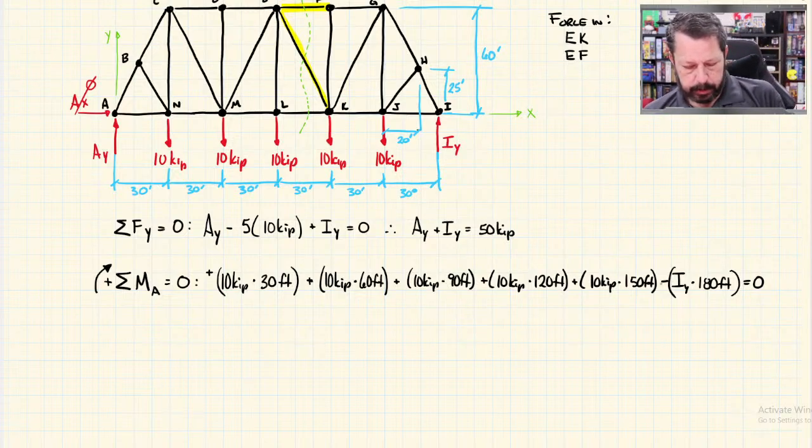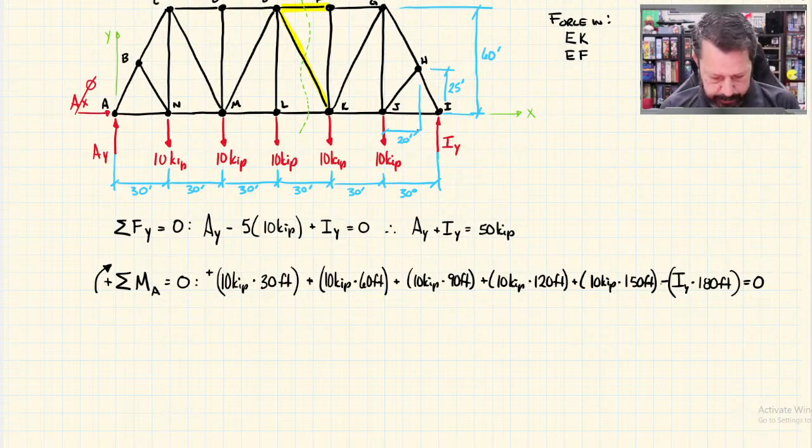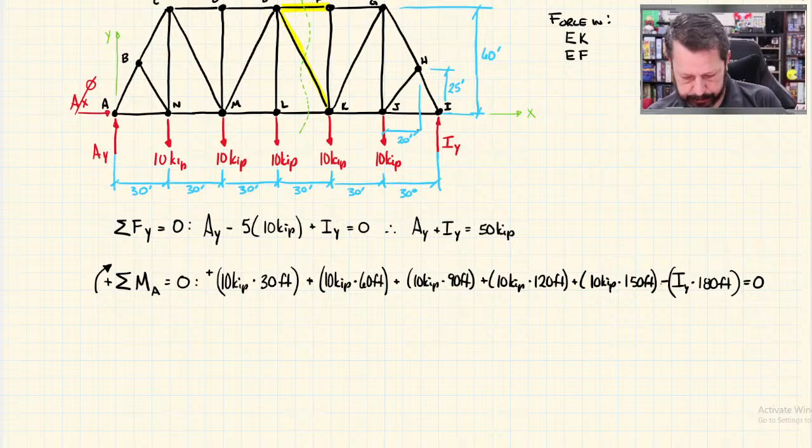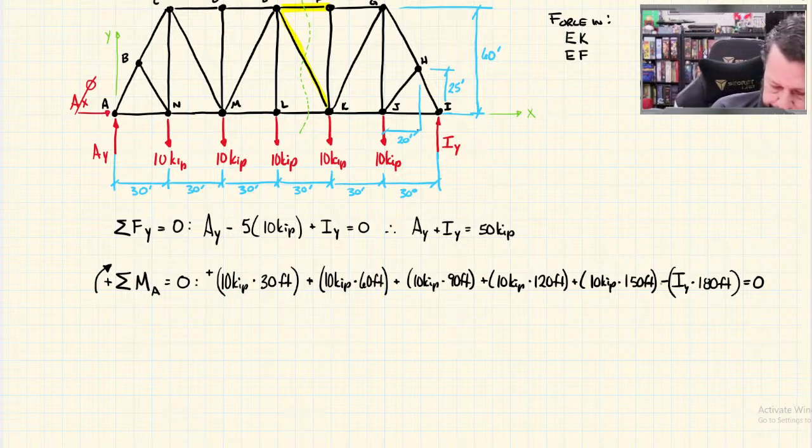Let's see. 10 times 30 plus 10 times 60 plus 10 times 90 plus 10 times 120 plus 10 times 150 equals 4,500 kip-feet, right?